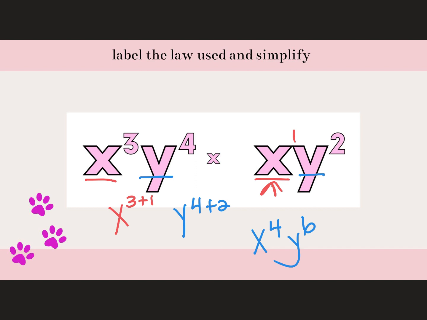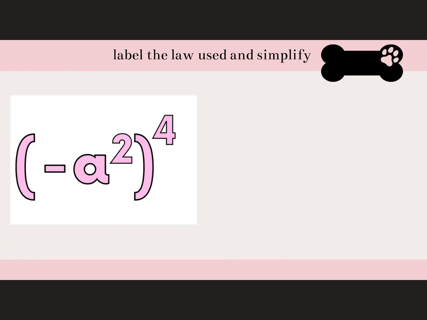Looking at all of my exponents, they're all positive. There's nothing further to simplify. This is my final answer. So on this problem here, we are going to use our power to a power rule. So we have our negative a to the 2nd power, and everything inside these parentheses is raised to the 4th power.